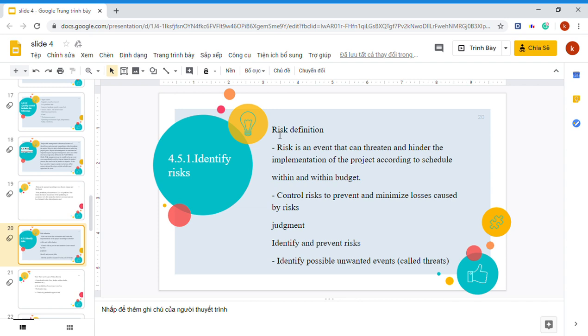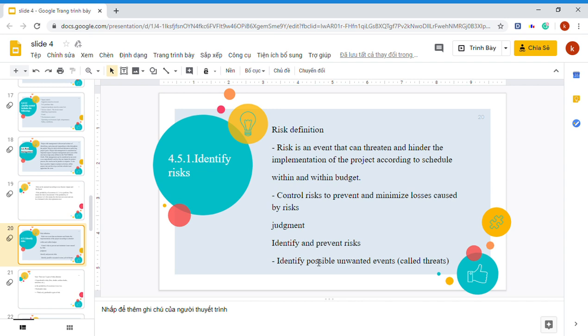Identify risk. Risk is an event that can affect the implementation of projects according to the schedule. We control risk to prevent and minimize loss caused by risk. Identify and prevent risk.